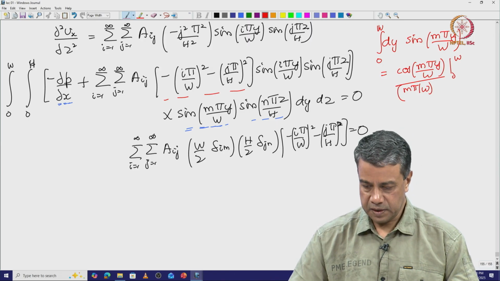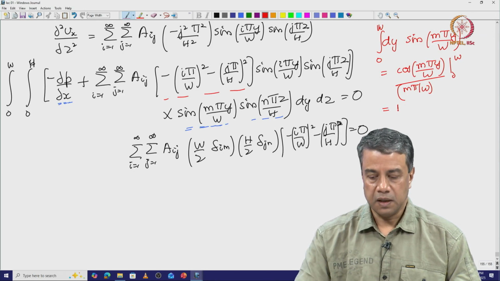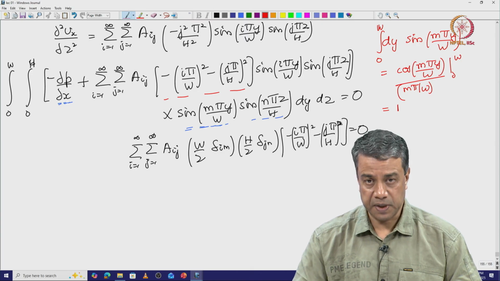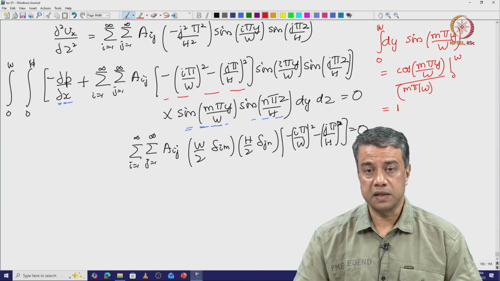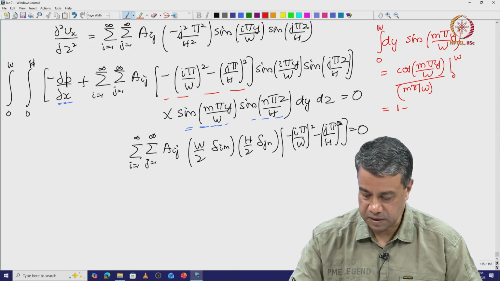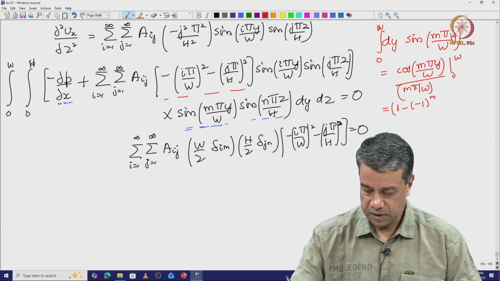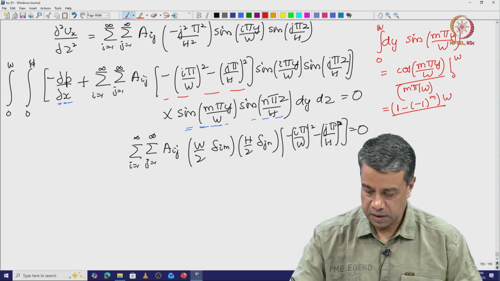At 0 the cosine function is just 1. At w you get cos of m pi. Cos of m pi is minus 1 if m is odd and plus 1 if m is even. So, I can write this as minus of minus 1 power m into w by m pi.